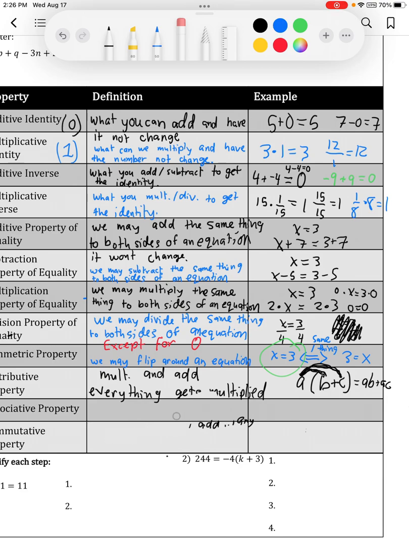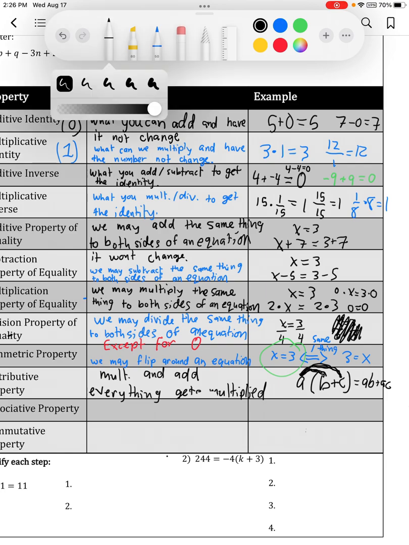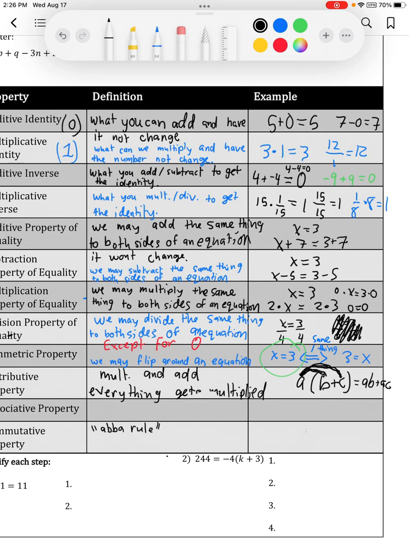We're going to talk about the commutative property. I nicknamed this one the ABBA rule. It's similar to the last one, when in the same step, order can change.